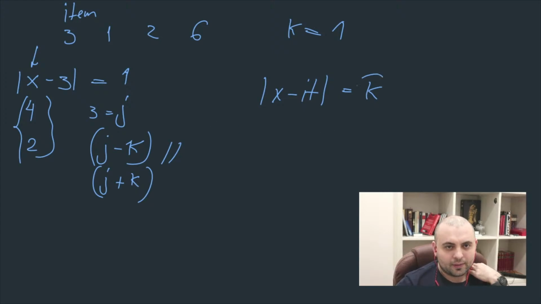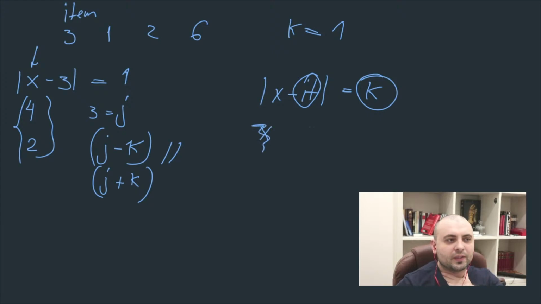So we know k, we know item. Then we need to find what x will be. So let's use a couple of examples again. So x minus 3 in modulo will be equal 1. Then what should x be?